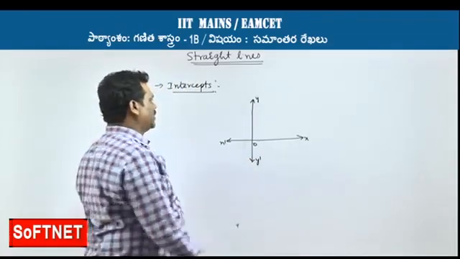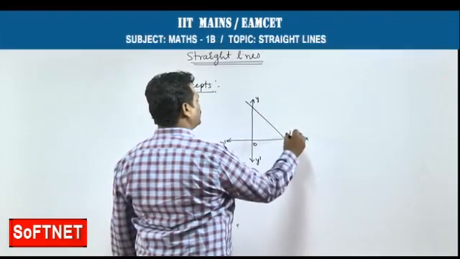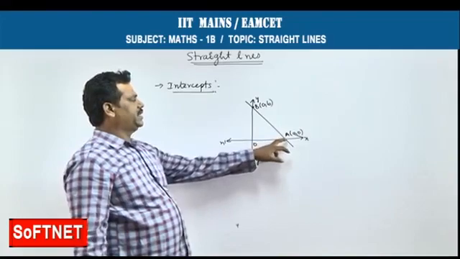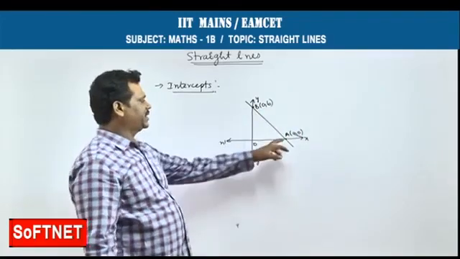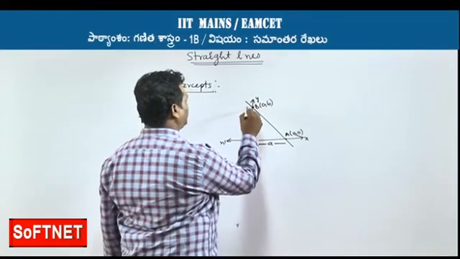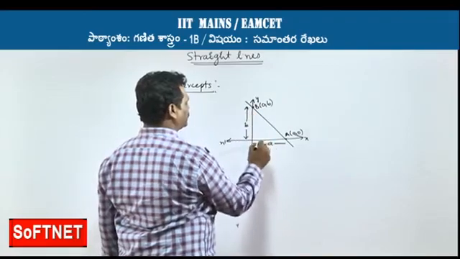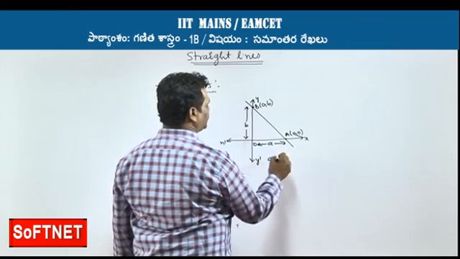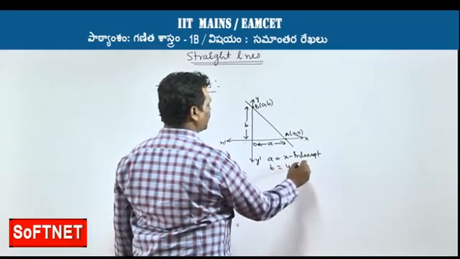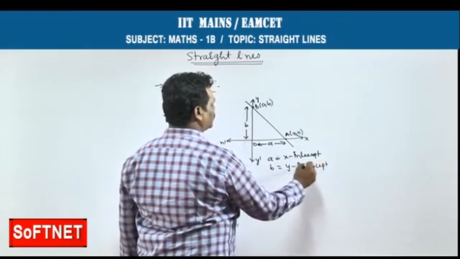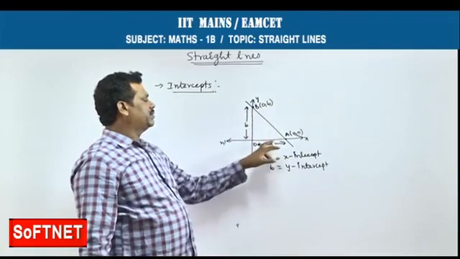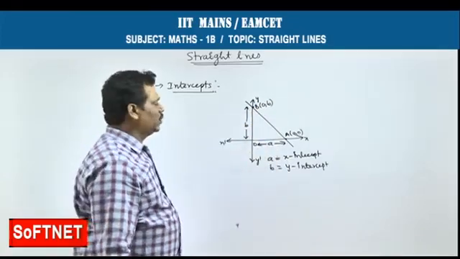If a line cuts the x axis at A of a comma 0 and the y axis at B of 0 comma b, then small a is called x intercept and small b is called y intercept. Here a is x intercept and b is y intercept.